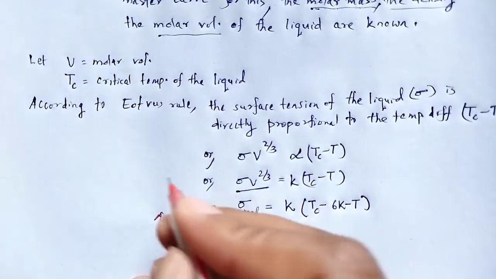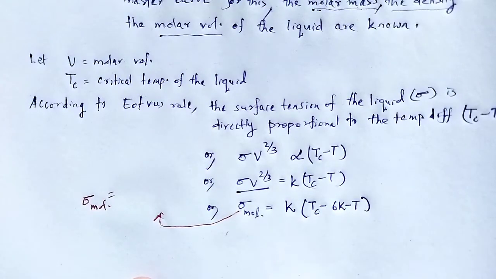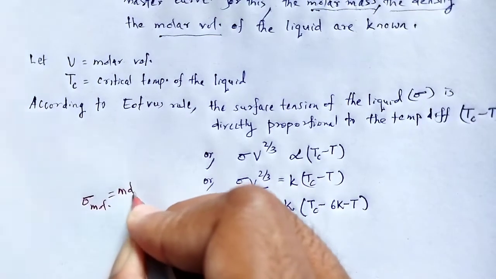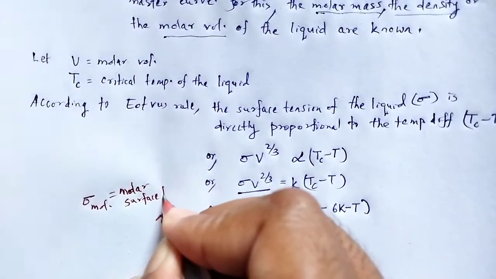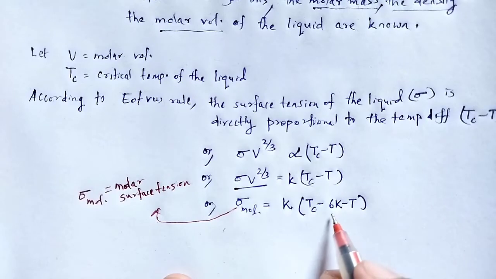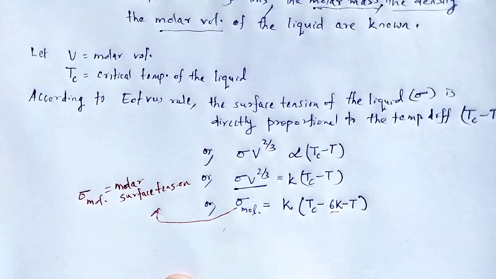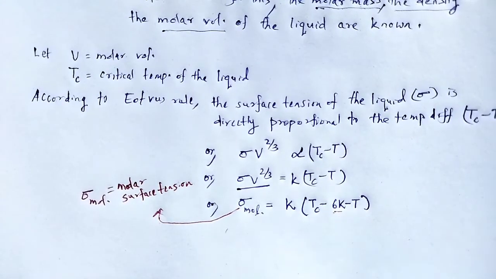Here sigma mol is the molar surface tension, and we subtract 6 Kelvin from the temperature, where the temperature of 6 Kelvin is always subtracted from the critical temperature for our precise calculations.